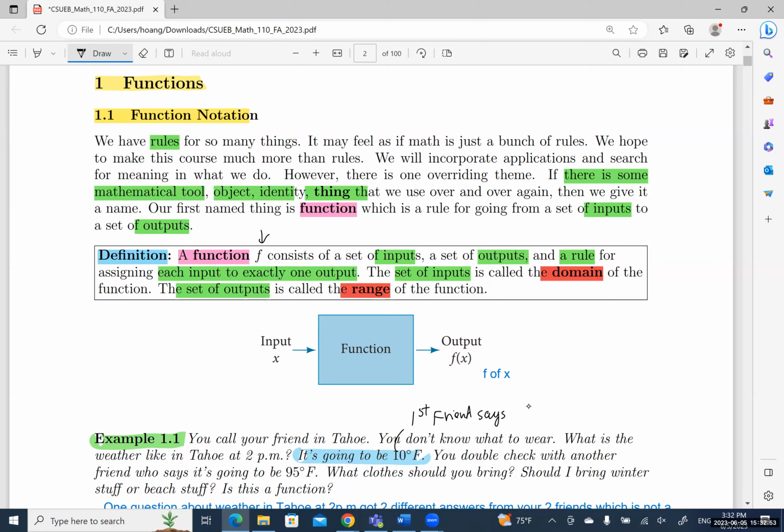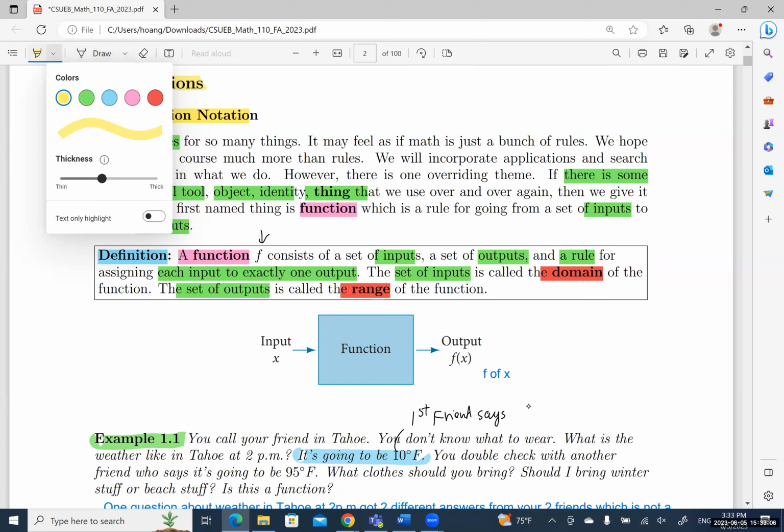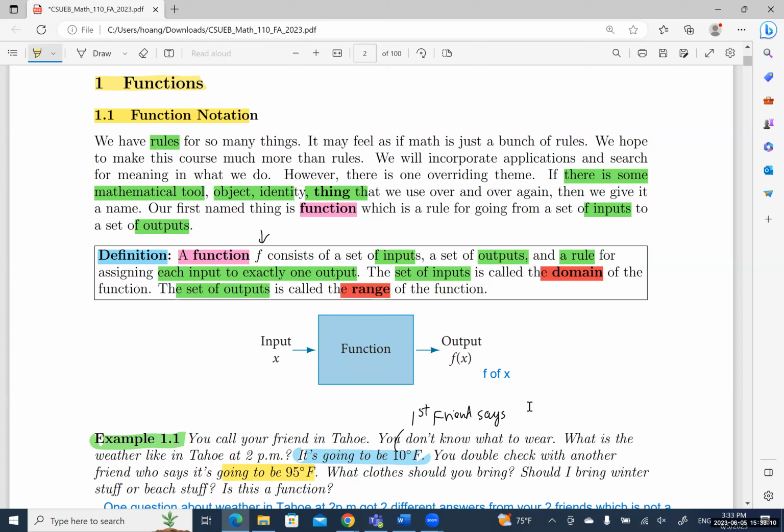And then you double check with another friend. And he says it's going to be 95 Fahrenheit. Oh wow, that is so different, right? So that means you have a question, and the answer becomes two answers.